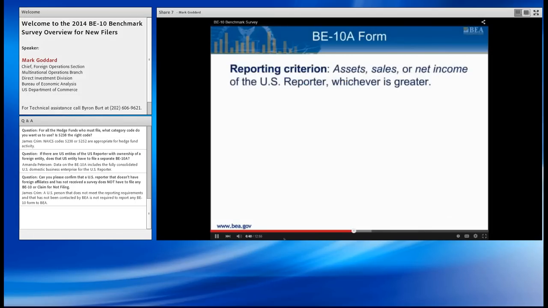For BE10A, BEA uses assets, sales, and net income of the U.S. reporter, whichever is greater, as a reporting criterion to determine whether the U.S. reporter needs to complete the entire form or only part of the form. If the assets, sales, or net income of the U.S. reporter, positive or negative, is greater than $300 million at the end of 2014, then the U.S. reporter needs to complete the entire BE10A form.